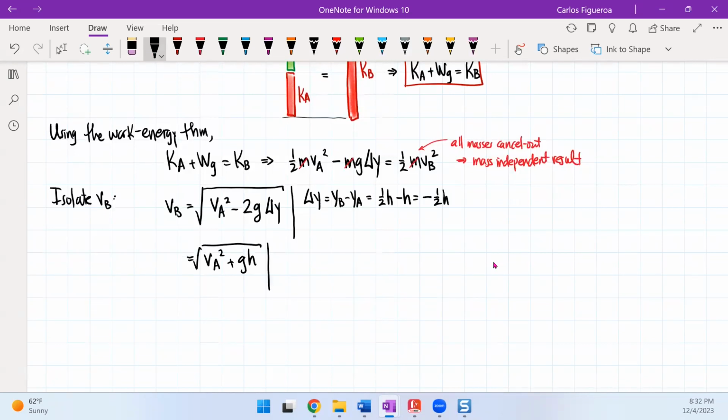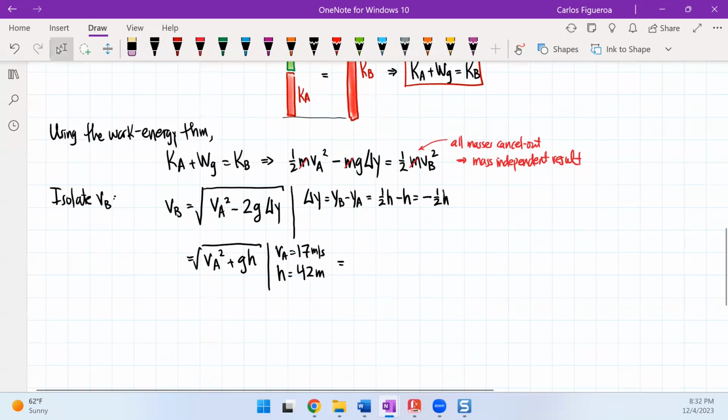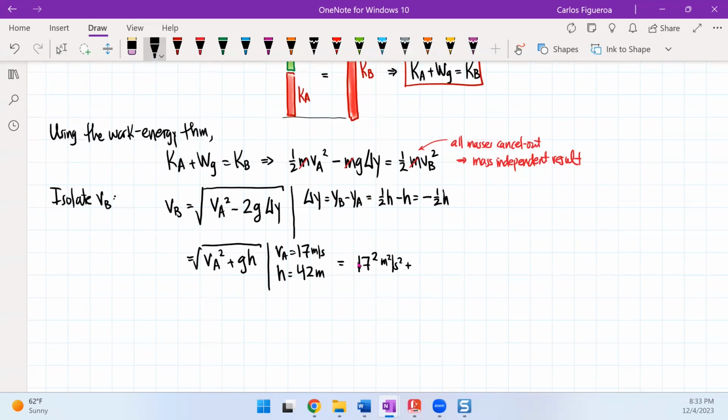So when I look at my values, they tell us that VA is 17 meters per second, and that H is 42 meters. If I plug this into this quantity, I'm going to get 17 meters per second squared plus g, which is 9.81 meters per second squared, times 42 meters.